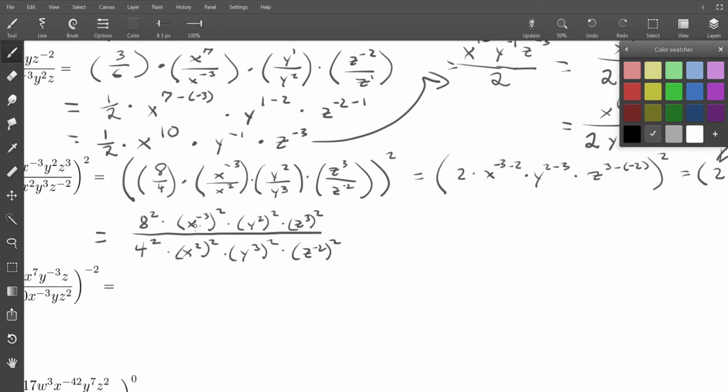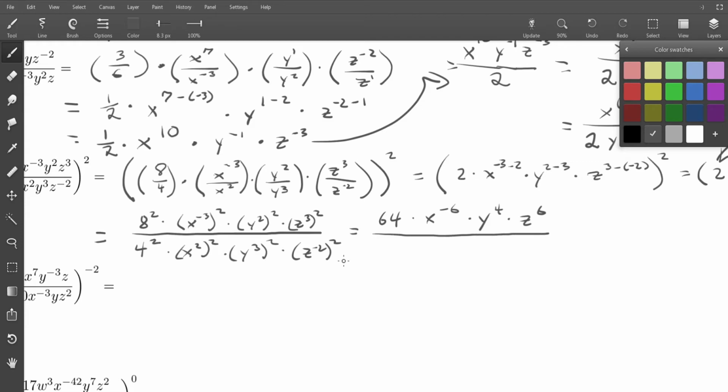and I can actually just remove these parentheses altogether. So now we can go ahead and simplify these constants and go ahead and apply the power rule. So here we'll go ahead and get 8 squared is 64, then x to the negative 3 to the negative 2. We just multiply those exponents. So that'll be negative 3 times 2, which is negative 6, times y to the 2 times 2, which is 4, times z to the 3 times 2, which is 6.